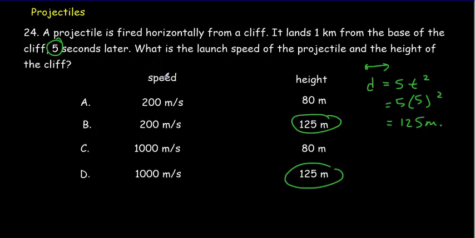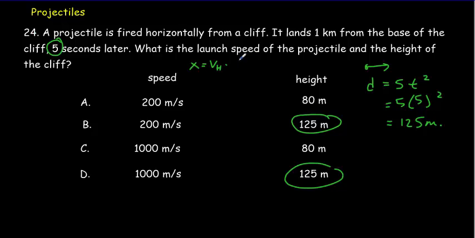Now let's look at the launch speed. How far it goes across will equal the initial horizontal speed. The horizontal speed stays constant the whole time. So how far it goes across will equal that launch speed, that constant horizontal speed, times the amount of time that it's in the air.